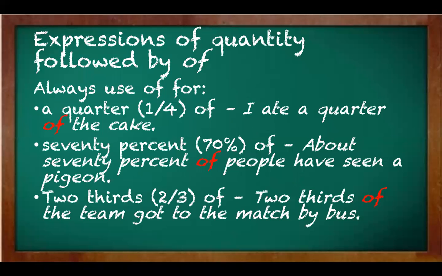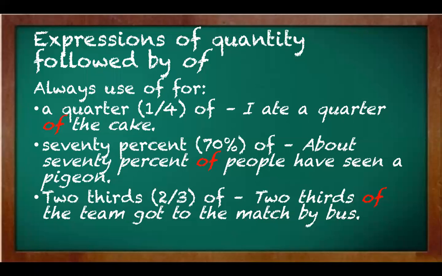So, let's begin by saying today we're talking about expressions of quantity followed by of. Quantity means how much of something there is. That is the quantity of that thing.